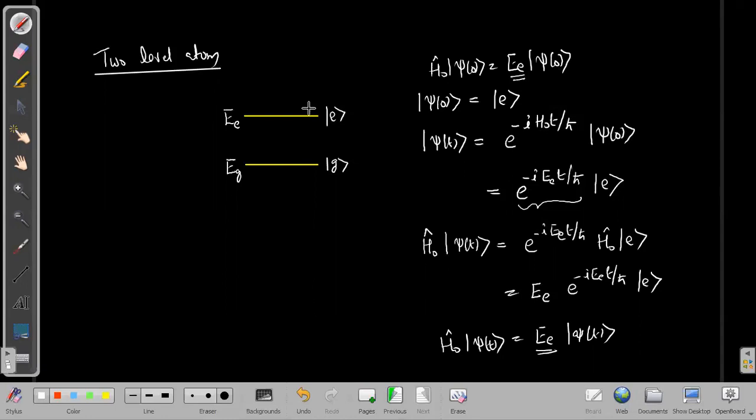So that means if a system is in the energy eigenstate of a Hamiltonian, then that system will remain forever in that particular state. The only thing is it will have an exponential phase factor, and there is not much importance for this exponential phase factor, except in certain cases.